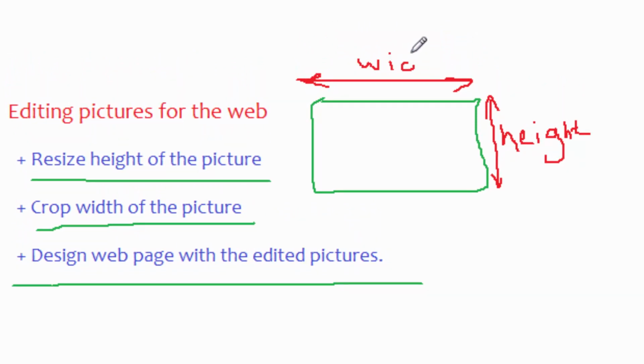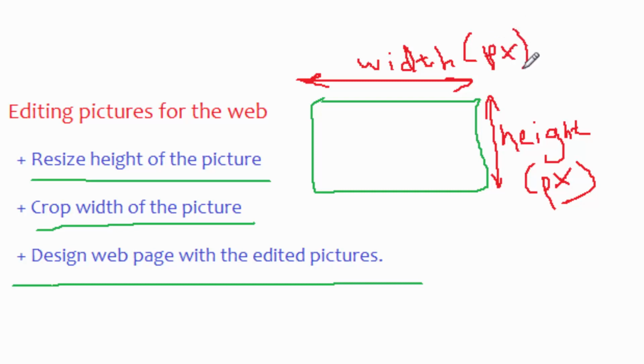So we resize height, then we crop the width of the picture. Another point, it is important when you are dealing with pictures to know that the units for measuring width and height is px, or pixels. That is the unit we are using here.